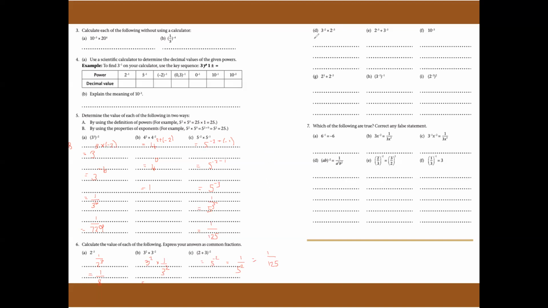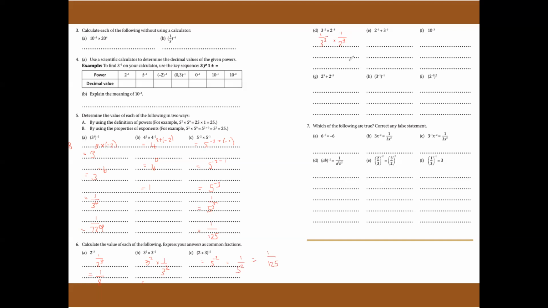All right, here is some more over here, so we're just continuing. This is 1 over 3 squared multiplied by 1 over 2 to the power of 3.